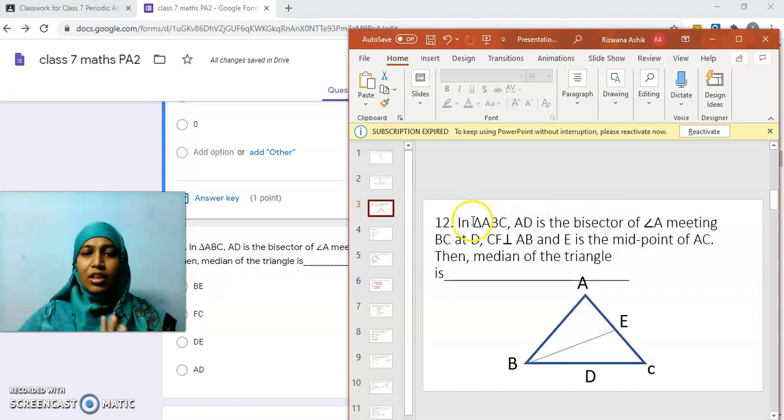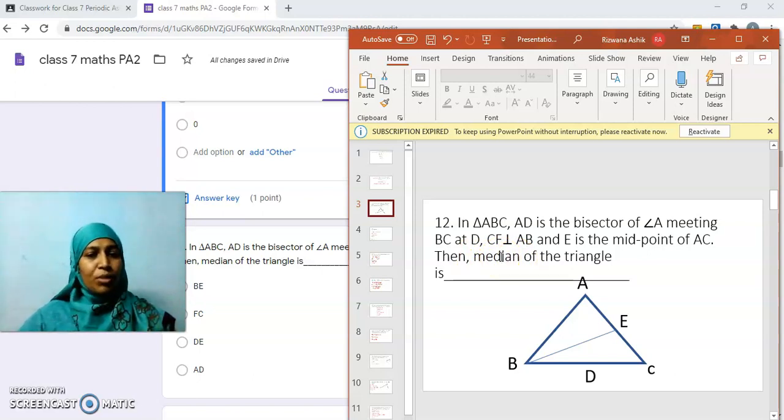In triangle ABC, AD is the bisector of angle A, meeting BC at D. CF is perpendicular to AB and E is the midpoint of AC. Then the median of the triangle. So I should worry about only the median. I don't need to worry about any other thing.